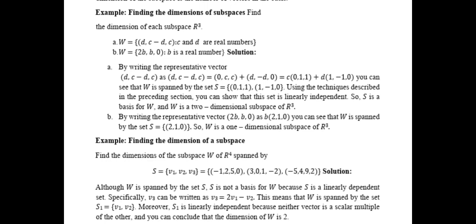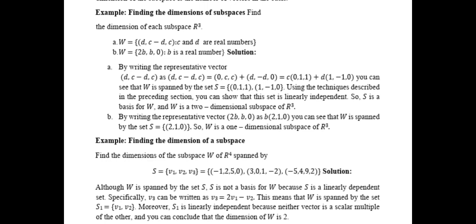Using the techniques described in the preceding section, you can show that this set is linearly independent, so S is a basis for W and W is a two-dimensional subspace of R^3.